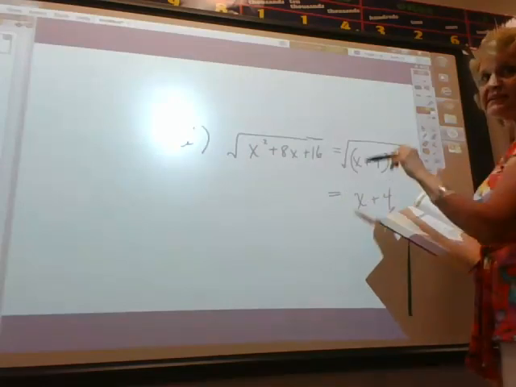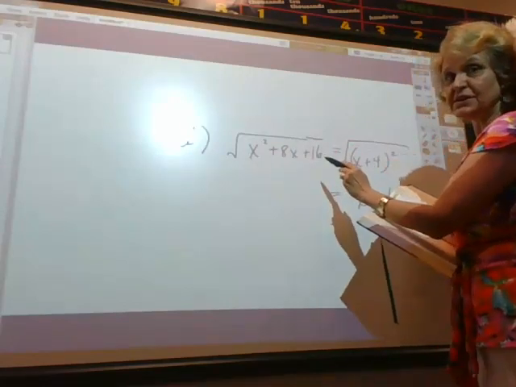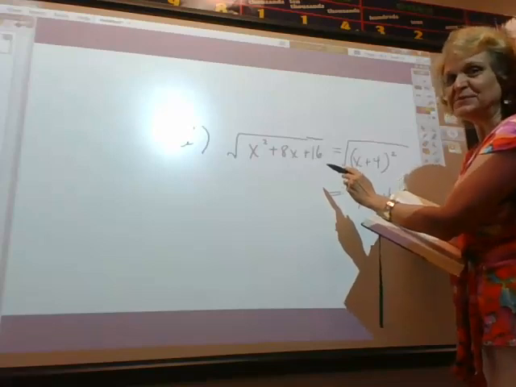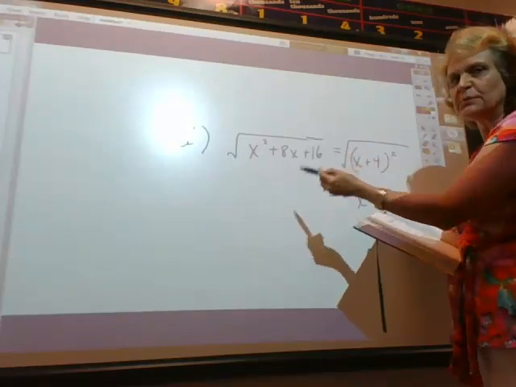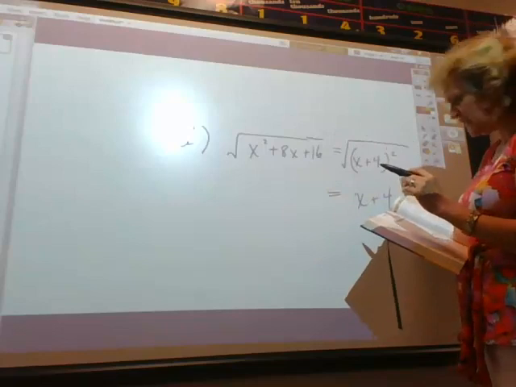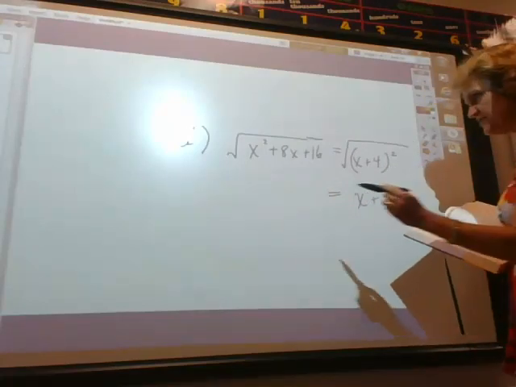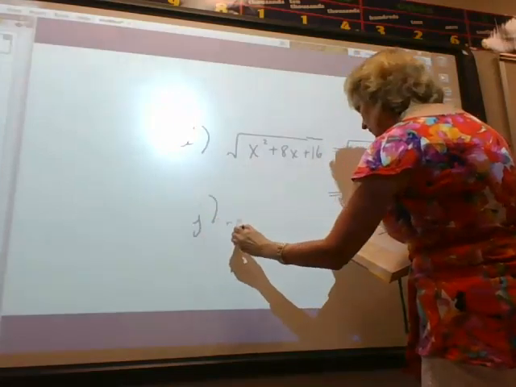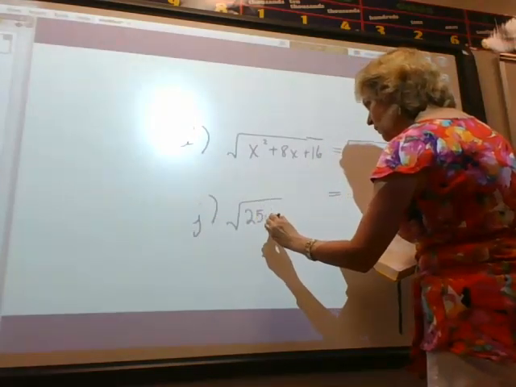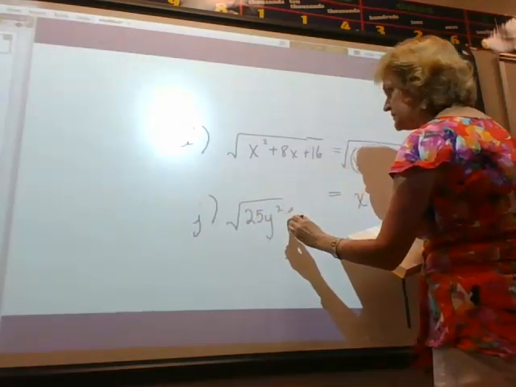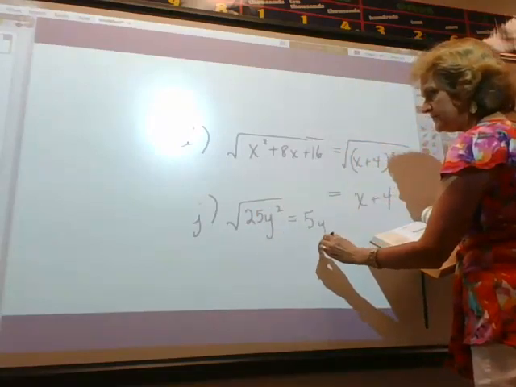The good news, if you do have a trinomial under here, it's going to be a binomial squared because the whole idea is what pulls out. So at least your factoring is going to be pretty simple. Okay, and then what else do we have? J, radical 25 y squared. So that answer, 5y.